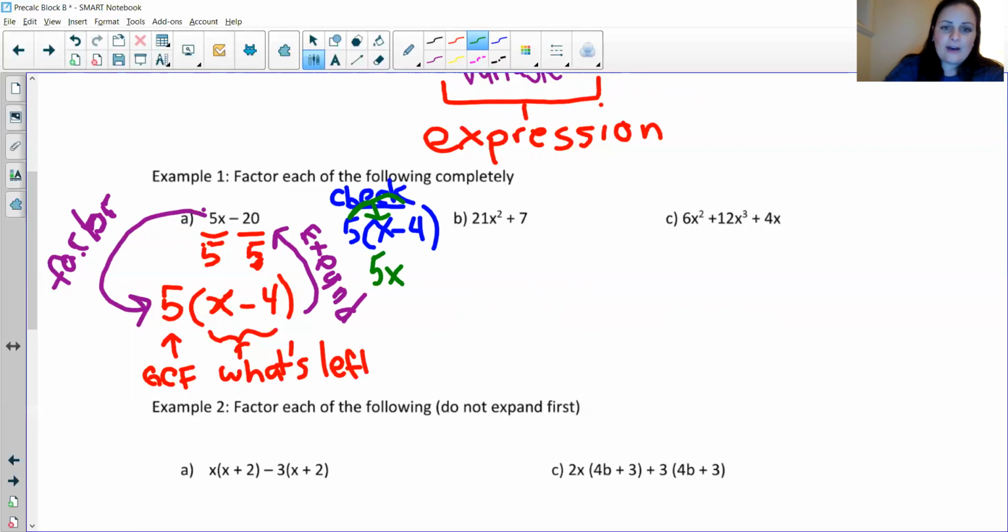I'm going to multiply 5 by negative 4, which is negative 20. Now, did we get the same thing that we started out with? We did. So that means we factored it correctly, or at least one way correctly. I mean, sometimes we might need to factor again because we didn't actually take out the greatest common factor, but it is factored, and it is factored correctly.